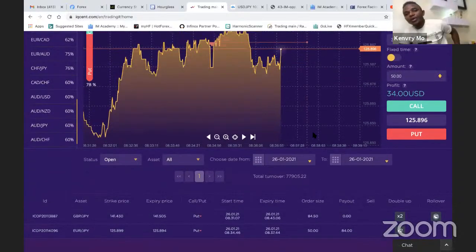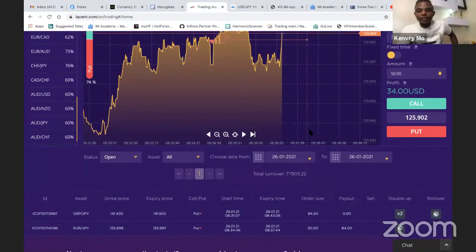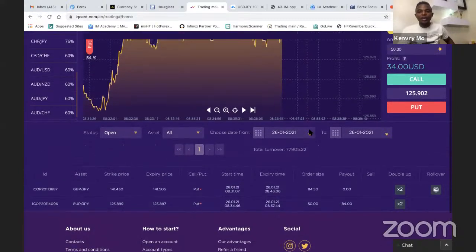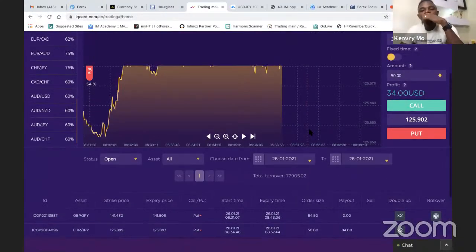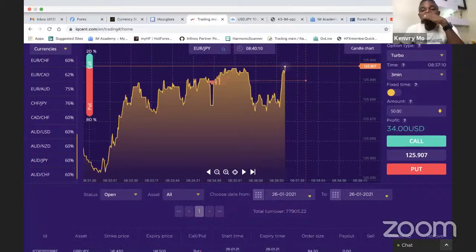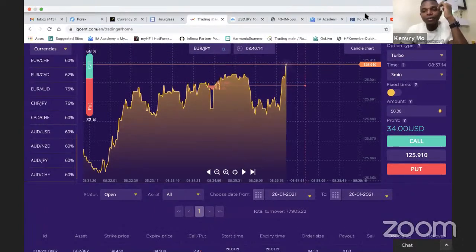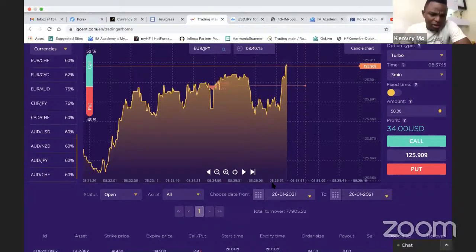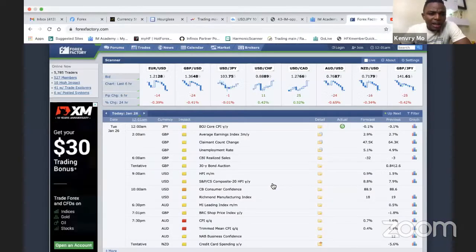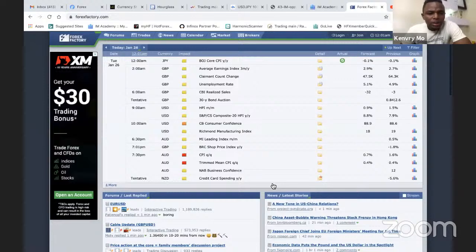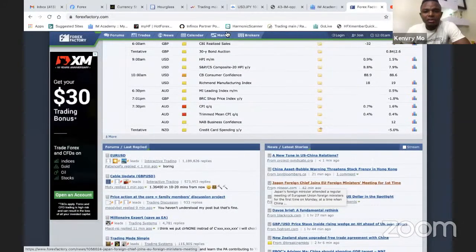Everything is just moving upwards. They're breathing upwards. So I think everything is moving towards 935. Something is happening. If we look at here, okay, 9 a.m. USD. Come on, it's not supposed to affect the market like this.